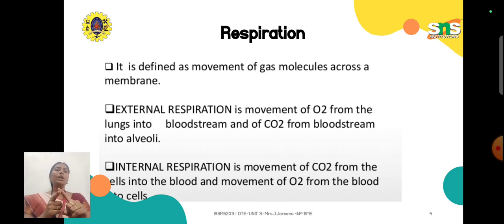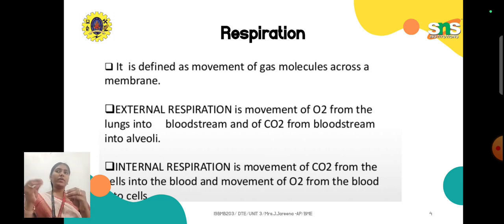External respiration is the movement of oxygen from the lungs, that is the alveoli, into the blood vessels. At the end of the lung there is the alveoli, and the alveoli is supplied by a network of capillaries. These capillaries continue with veins, arterioles, and so on, right?